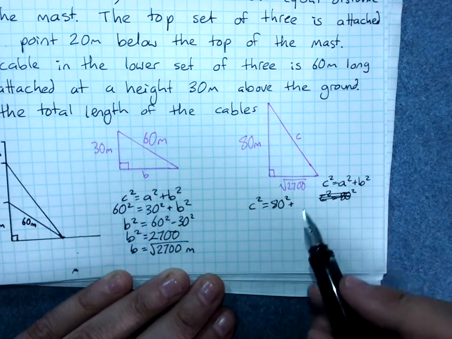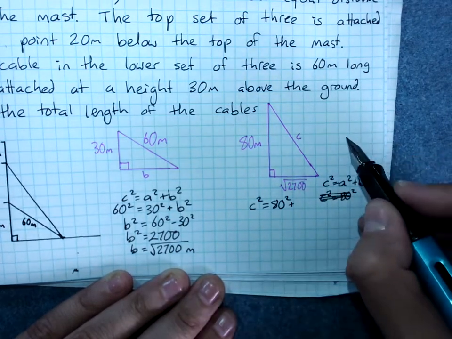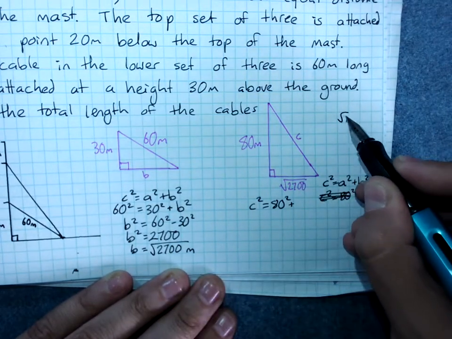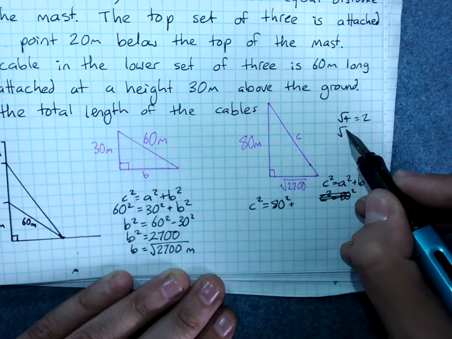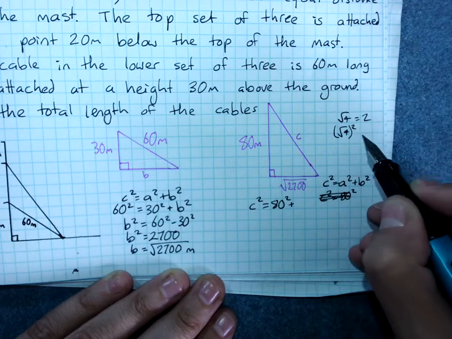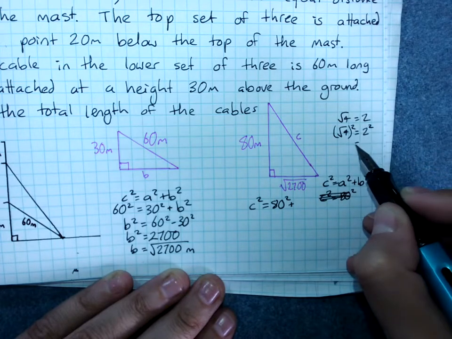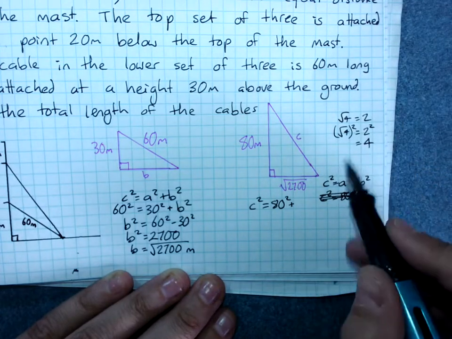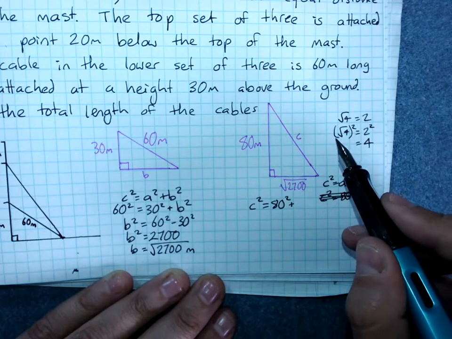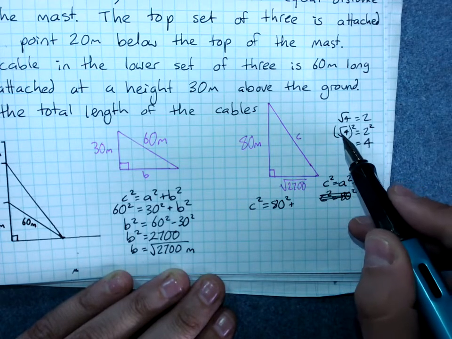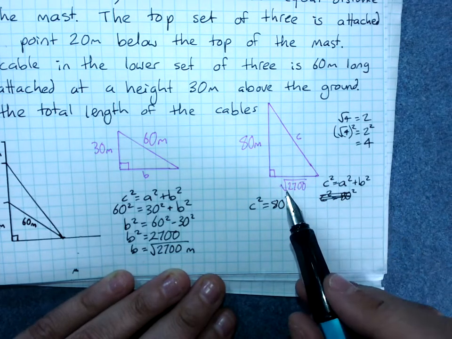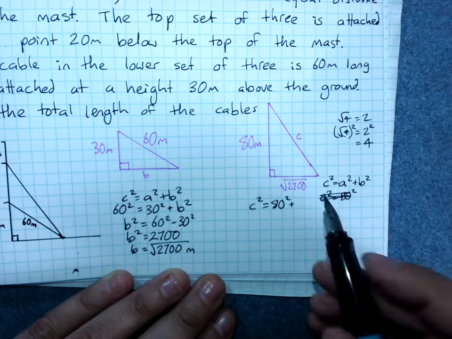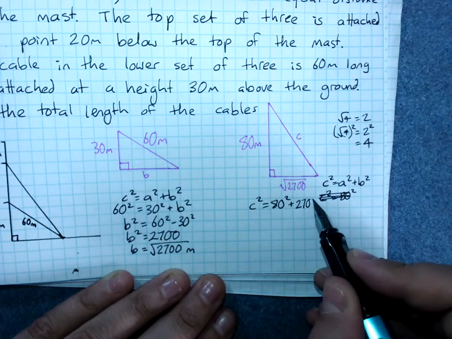You think about it, if I have the square root of 4, that's 2. If I square the square root of 4, that's 2 squared, which is 4. If I square a square root, I get the number under the root sign. So root 2700 squared is 2700.